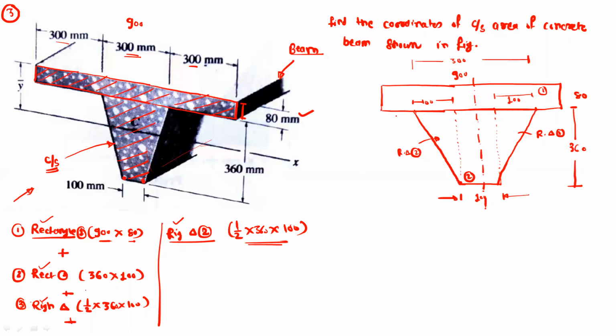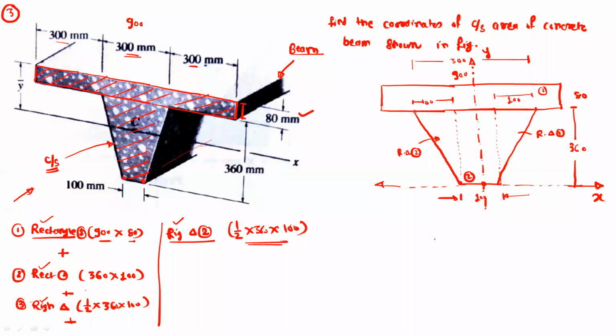So refer to this geometry. Okay, so we can take this central axis as the y-axis. So we will make this geometry symmetric about the y-axis, and from this point draw the horizontal axis. So this is the x-axis. Okay.